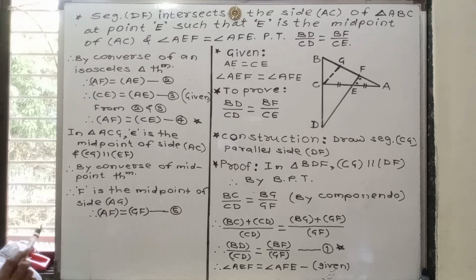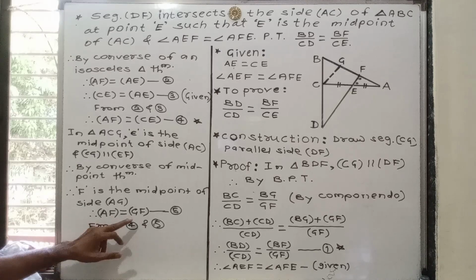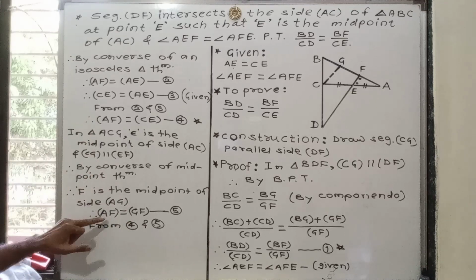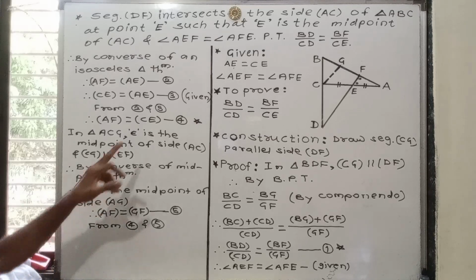From 4 and 5. From these two equations, see here, AF same, left hand sides are same, equal.